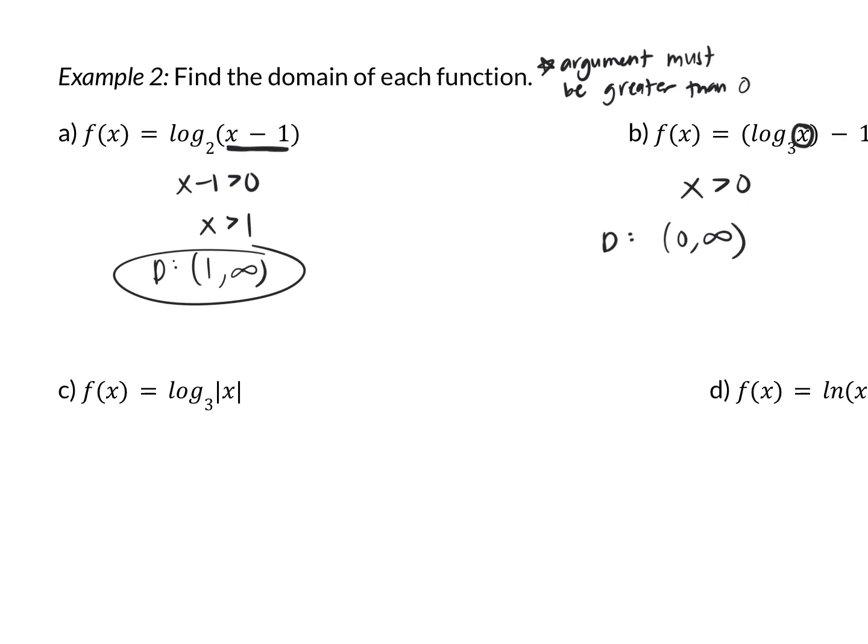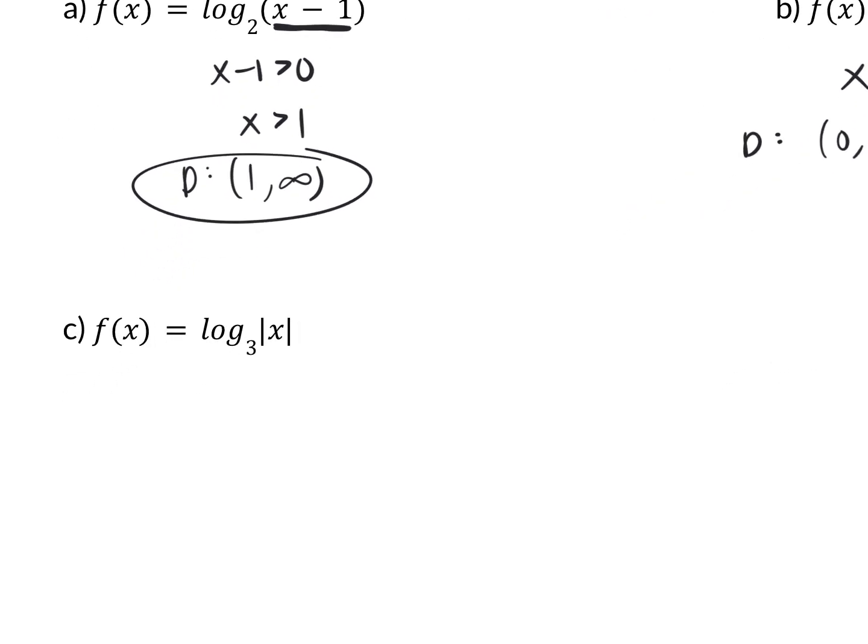And then letter C and D have a little bit more things going on here. If I look at the absolute value of x, that's the thing that's right next to my base, right? That means the absolute value of x has to be greater than 0. Is this just from 0 to infinity that makes this true? No. Couldn't I plug in any negative number here and also get a positive? Yeah. So what is the only number that I cannot plug in? 0, right?